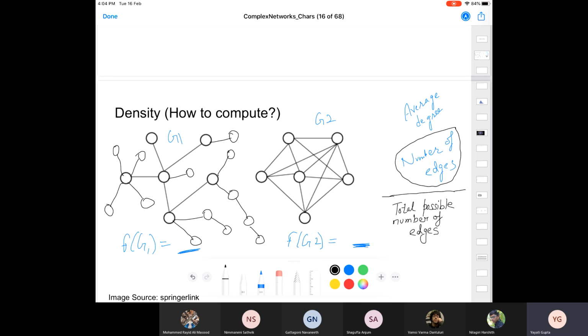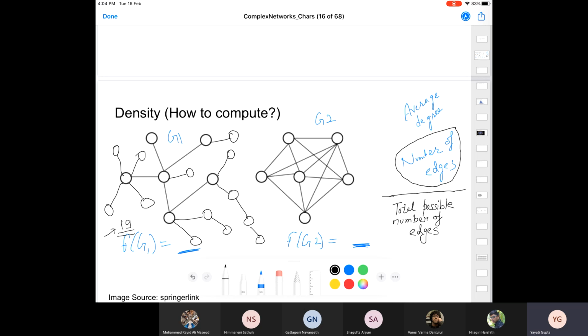So this gives me the density. So it simply tells me out of the total edges which are possible in your graph, what fraction of them actually exist. So if you look at this graph here, which we have extended, how many vertices this extended graph now has? 1, 2, 3, 4, 5, 6, 7, 8, 9, 10, 11, 12, 13, 14, around 19 vertices it has.